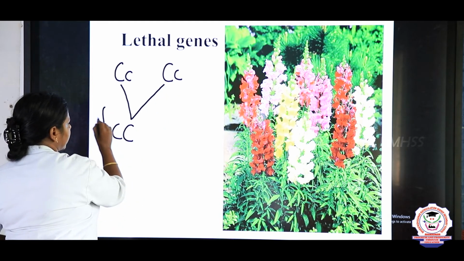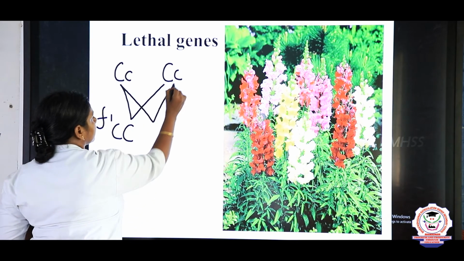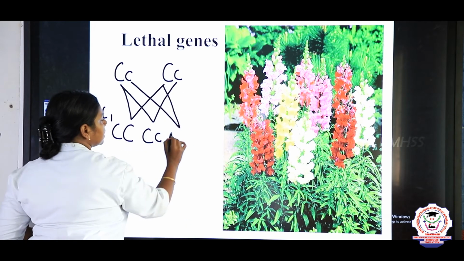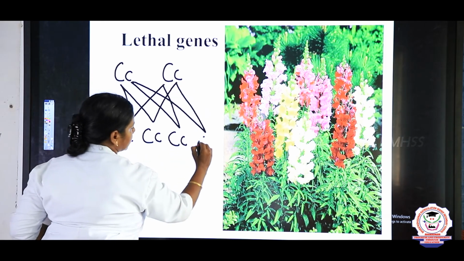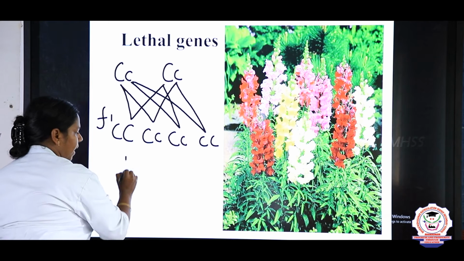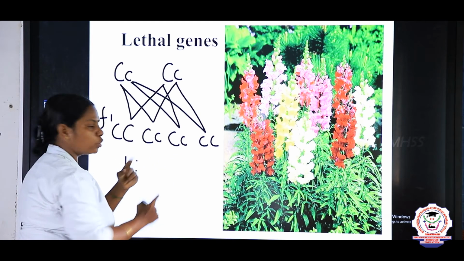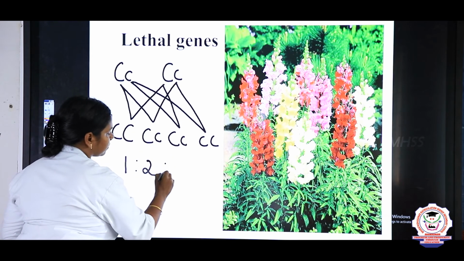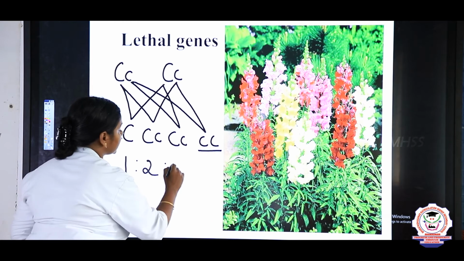In the F1 generation we get capital C capital C, then capital C small c, again capital C small c, and later small c small c. So what is the ratio? The green plant is 1, the pale green plant is 2, and the white plant, small c small c, which is recessive, is 1.